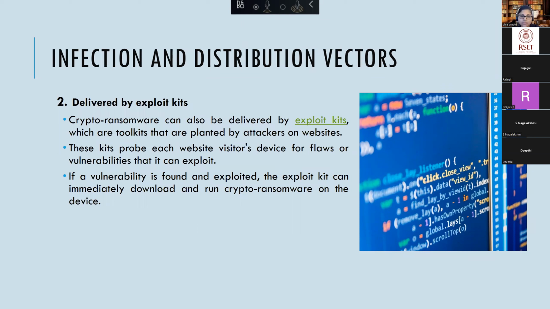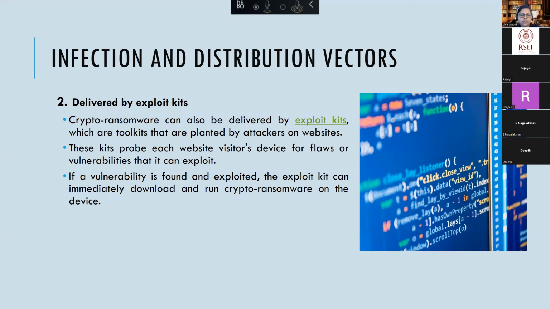For example, in the WannaCry ransomware attack, one of the exploits that the attackers used is EternalBlue. You might have heard about EternalBlue, which is actually an exploit created by the National Security Agency for gaining access to a network by exploiting vulnerabilities linked with the Windows Server Message Block protocol.